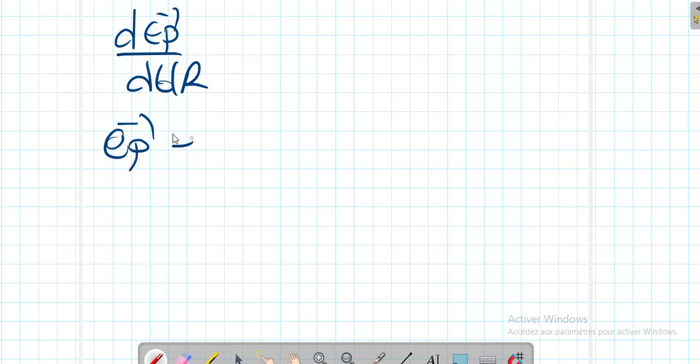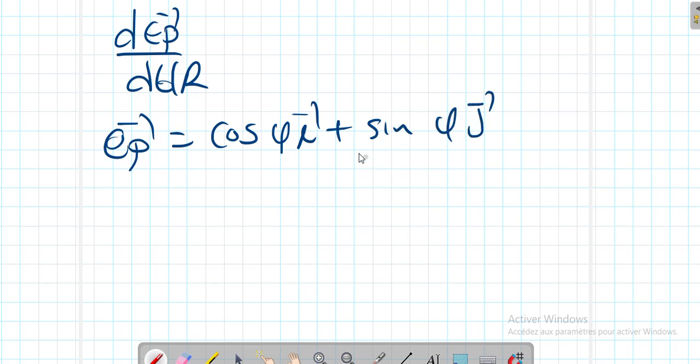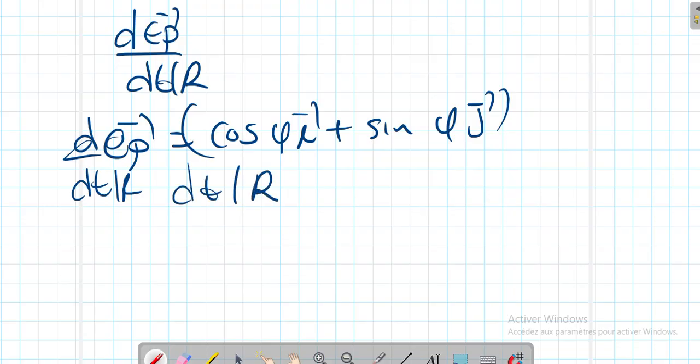Maybe you've forgotten, when you watch the coordinate system, we found the expression of E rho to be cos phi E plus sin phi G. If you can remember the expression of E rho, then when you differentiate this side in R, it means that you're going to differentiate this side in R.